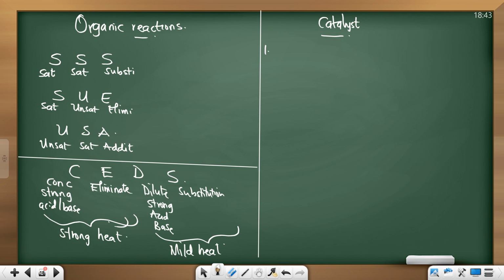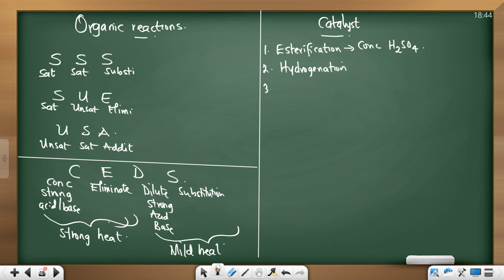Number one, if I'm talking about esterification, let's quickly list it. Esterification, I'll be dealing with concentrated sulfuric acid. Number two, hydrogenation.